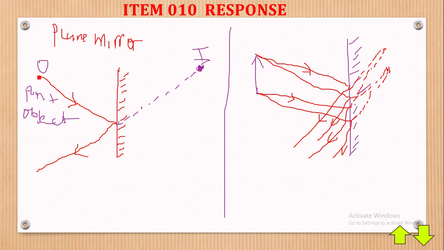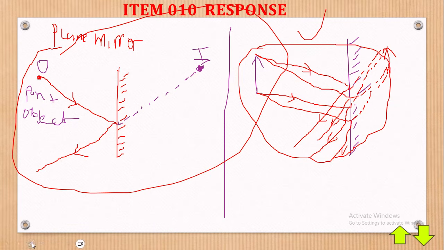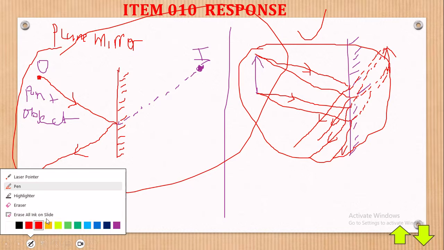So you find that these two rays meet around here, and another image I is formed right there. So you can either use a point object or a finite object. Since they're talking about a human being, a finite object was the better option.